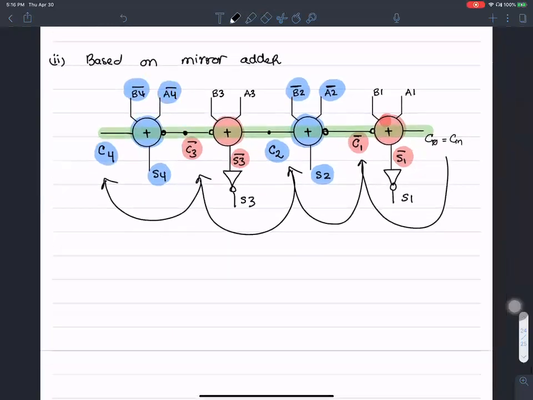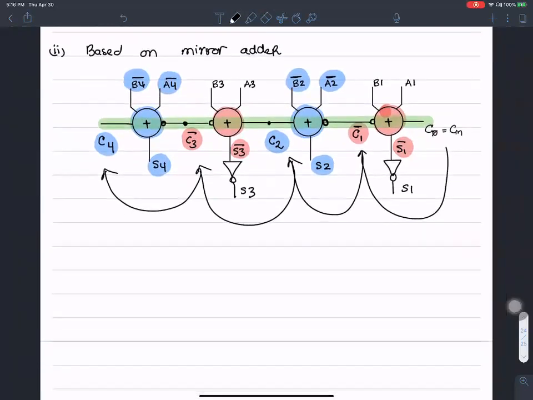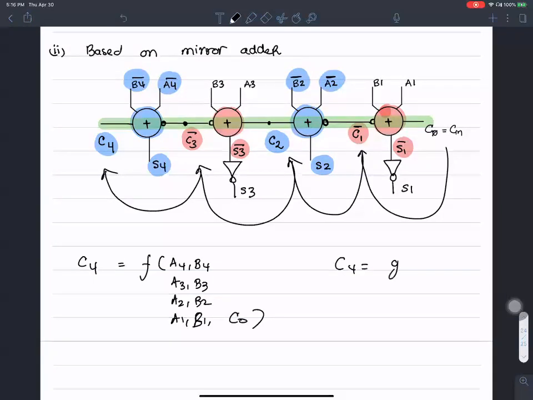So we have to find a way to break that dependence, and there are many topologies which do. If you can express C4 as a function of A4, B4, A3, B3, A2, B2, A1, B1, and C0, then the dependence of C4 on C3 has been broken.